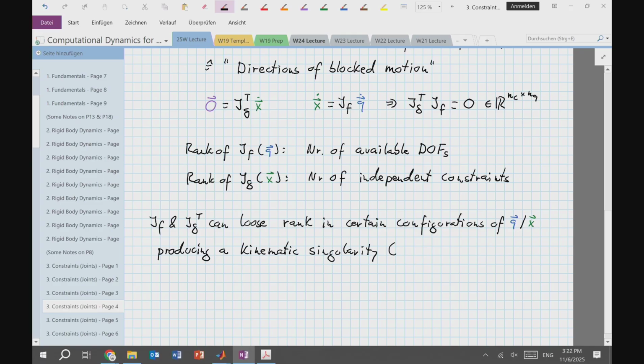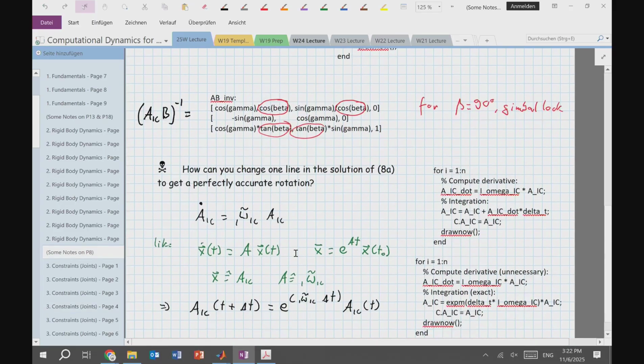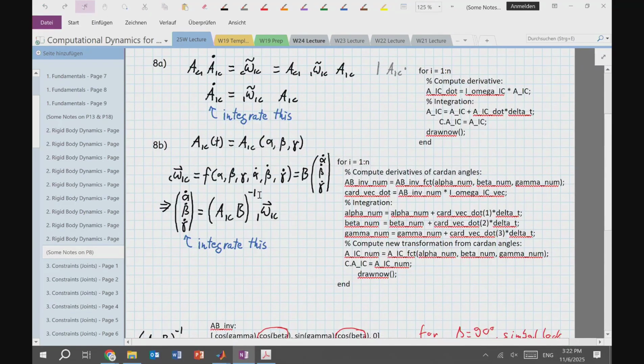And just on Tuesday, we talked about such a kinematic singularity, which was the gimbal lock. If you remember, what we did was we identified this guy here. Actually, I should write it without the inverse, right?